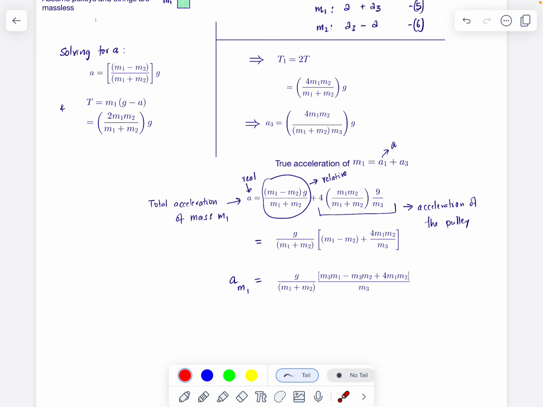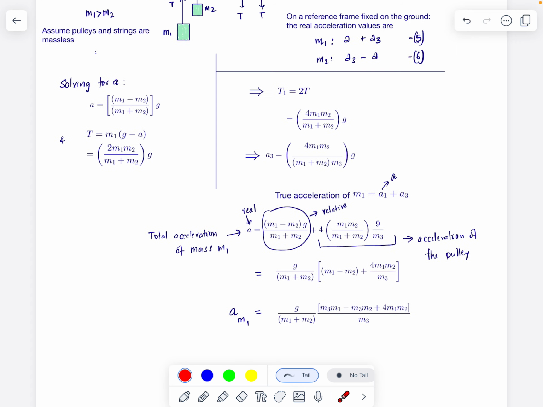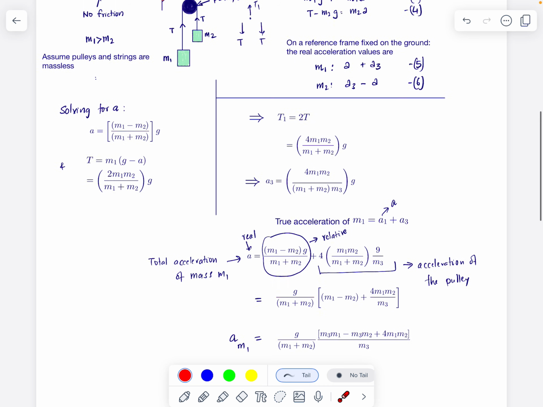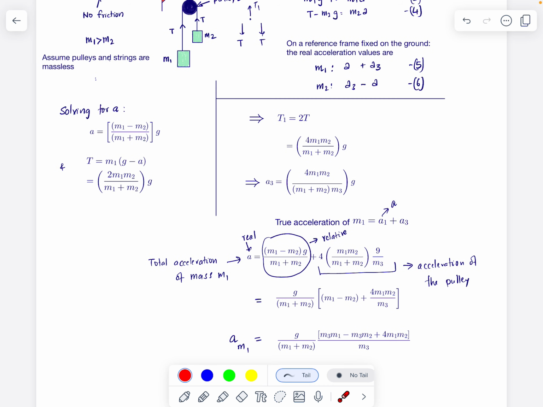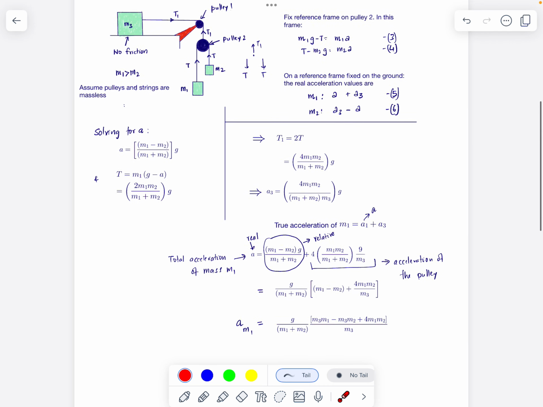So the true acceleration of m1 is g divided by (m1 plus m2), times the bracketed expression. That's a very important expression for the acceleration of mass m1.